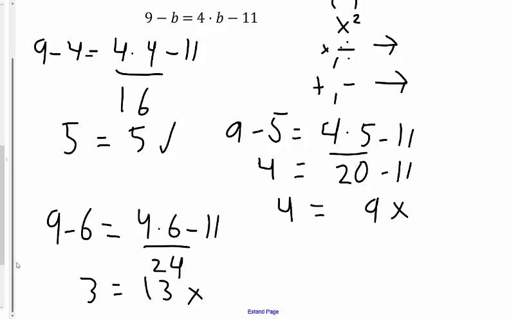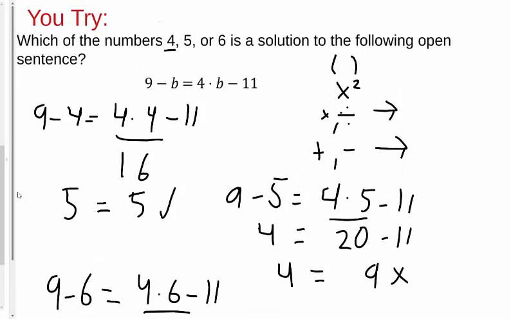So our answer, without a doubt, is 4. 4 makes that open sentence true. Pretty easy. All right.